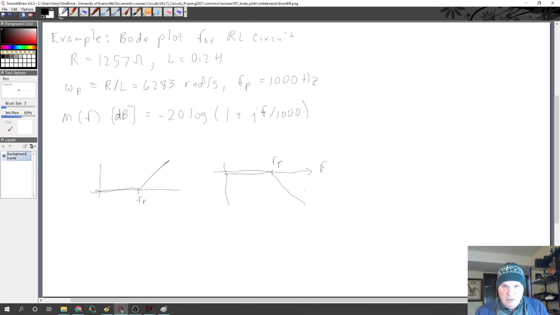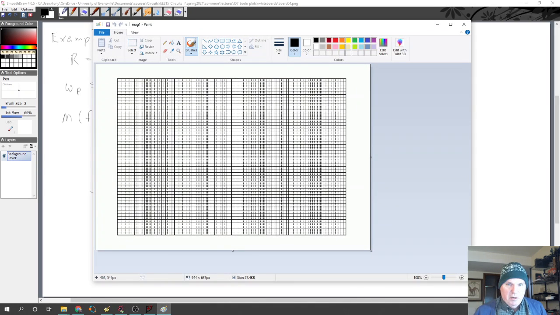So let me actually switch over to some semilog paper here, where on the website you can print this out. There's a link to a PDF, and on that PDF sheet there are actually 4 graphs like this on a single sheet of paper.